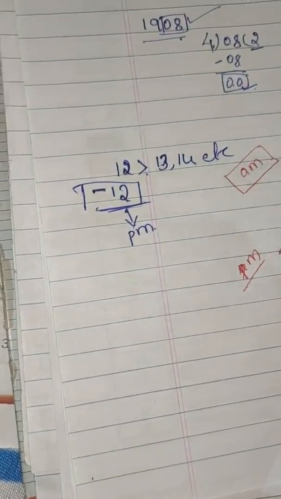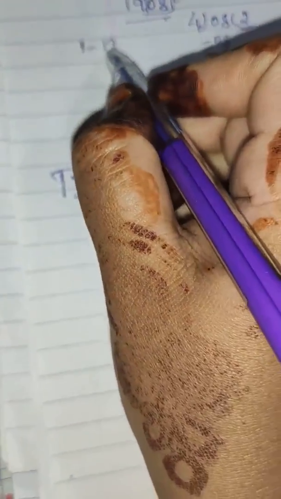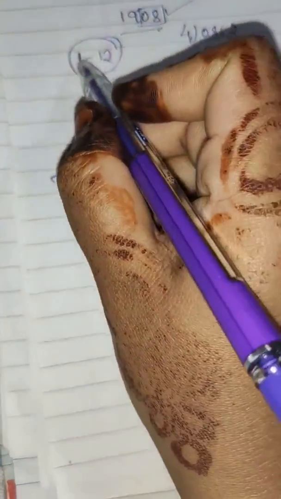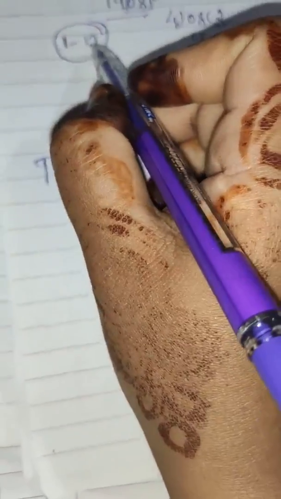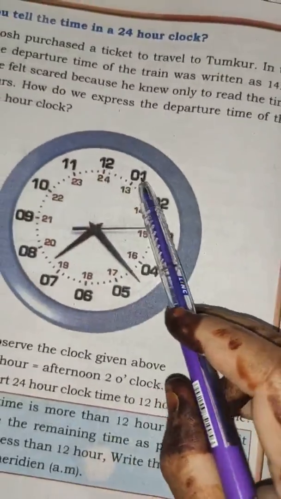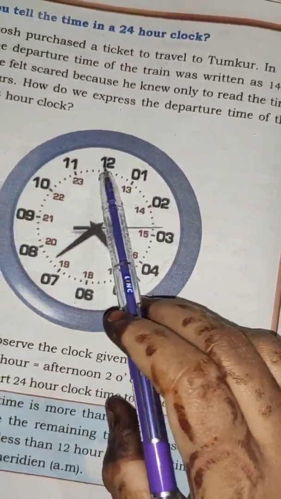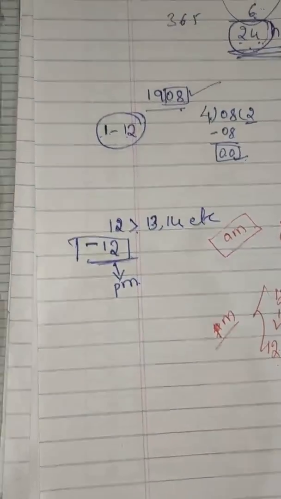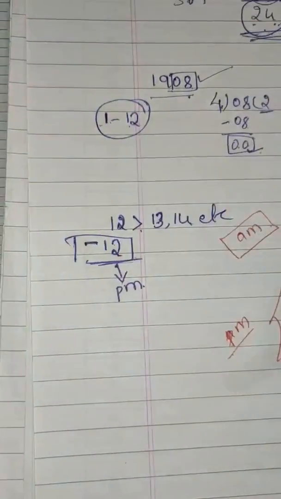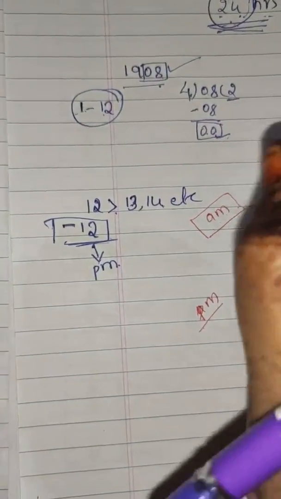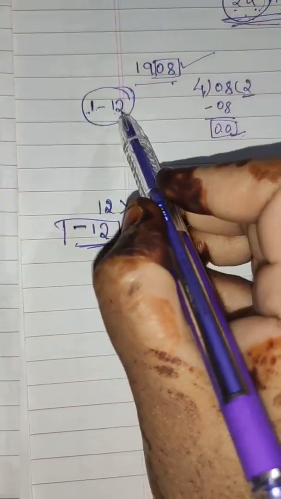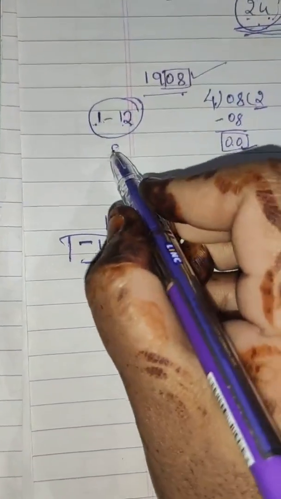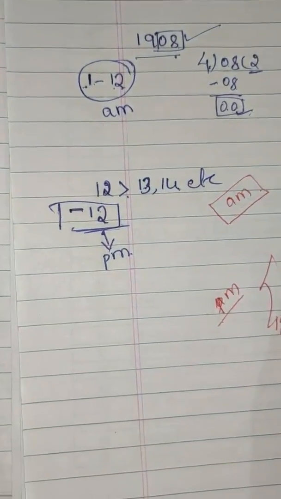If you get the timings between 1 to 12 o'clock, means if the time is less than 12 o'clock, like 11, 9, 8, 7 till 1 o'clock, write the time as it is. No need to subtract, no need to add. You have to write it as AM, means anti-meridian.